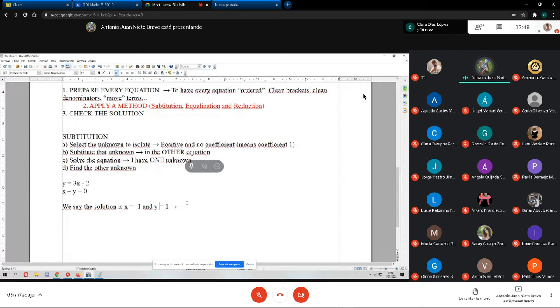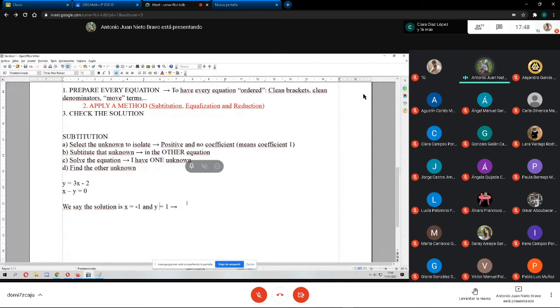So my first step is going to be to isolate the thing that is better to isolate. You can isolate any unknown, but in general, it's useful to isolate as I told you, okay? So x equals 8 minus 2y.